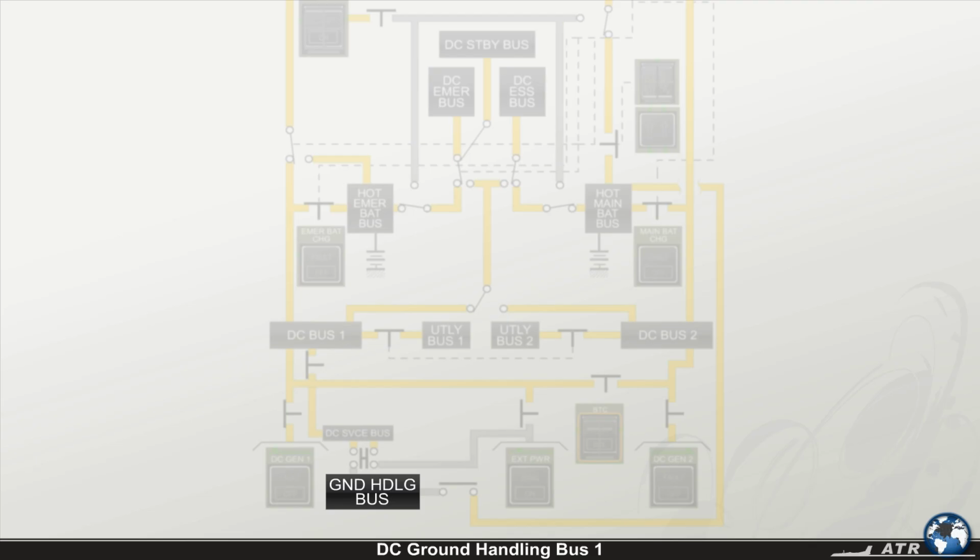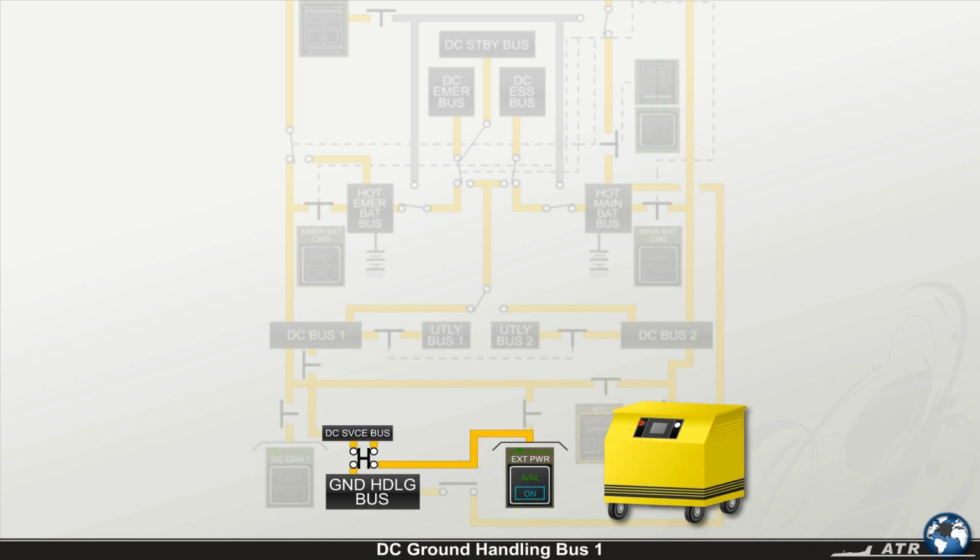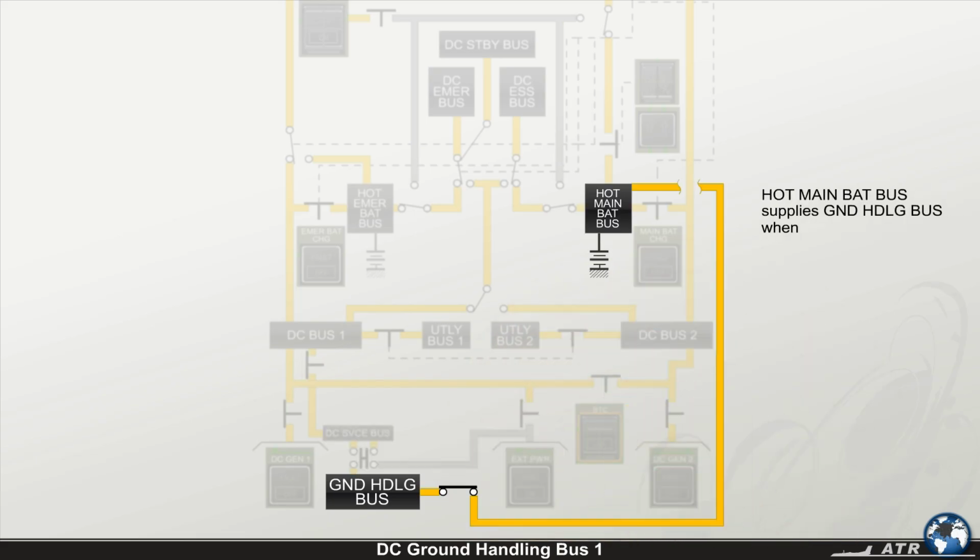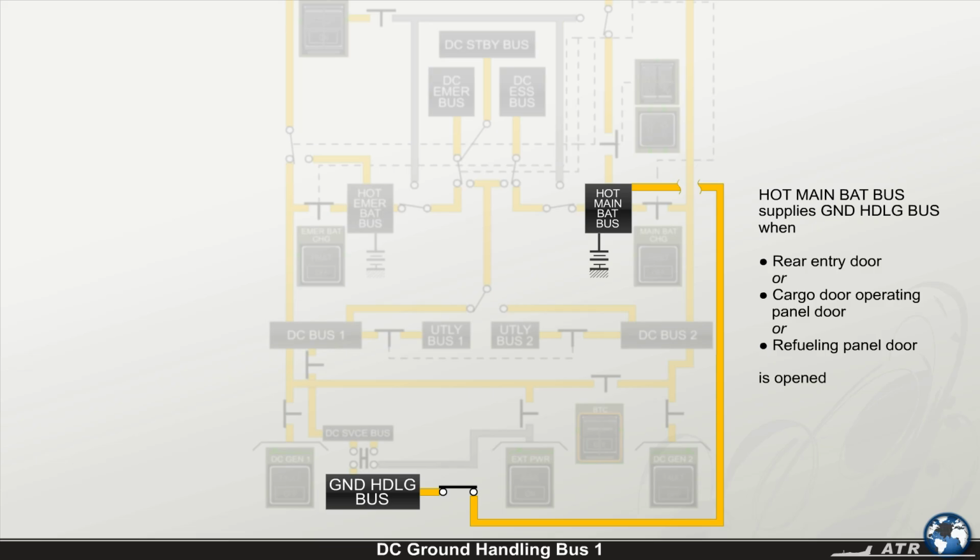The ground handling bus can be supplied from the DC service bus if an external power unit is available. If an external power unit is not available, the hot main battery bus supplies the ground handling bus as soon as the rear entry door, the cargo door, operating panel door, or the refueling panel door is opened.